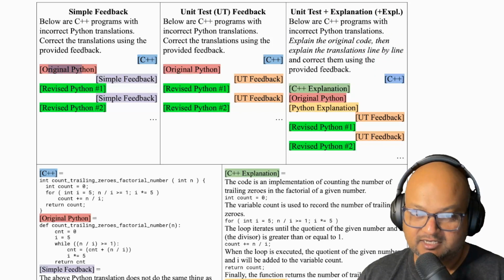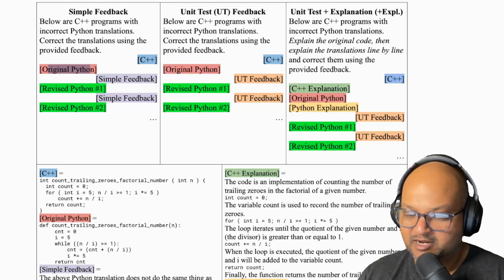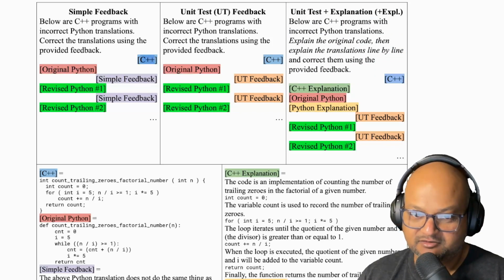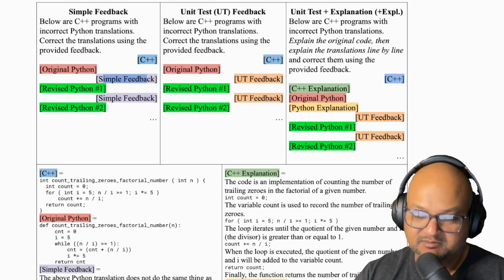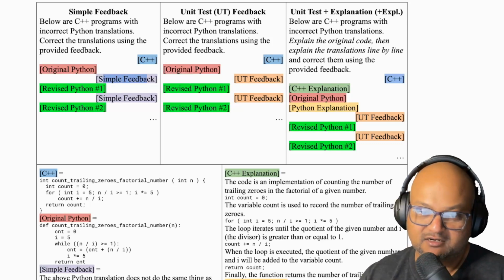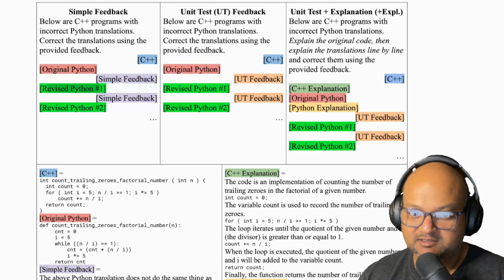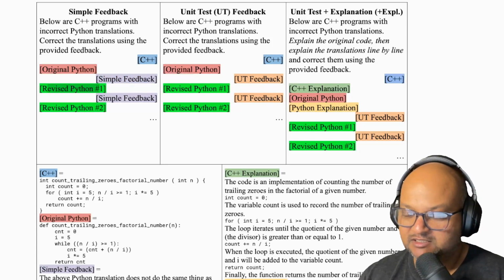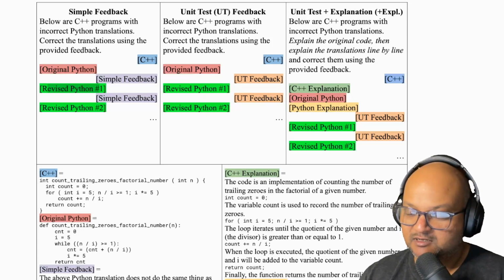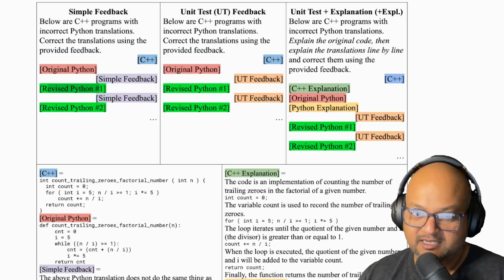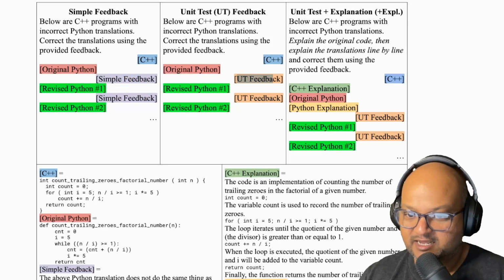And so once it has predicted some Python for the C++ you gave it, you can then iterate on the prompt. You can give it some simple feedback on whether it was correct or not, and it would revise its prediction. And you could keep doing this until you were satisfied. However, you can improve the quality of the feedback. In addition to just simple feedback, you could give it unit test feedback.